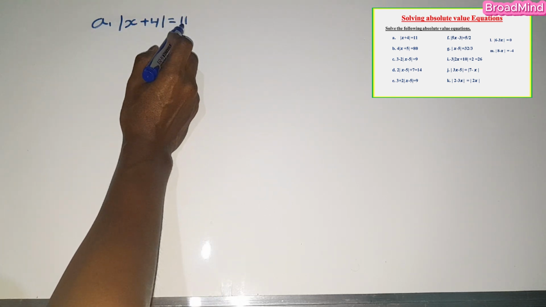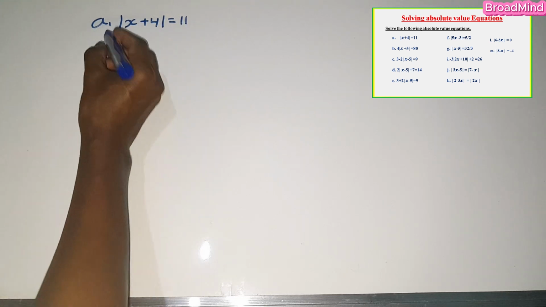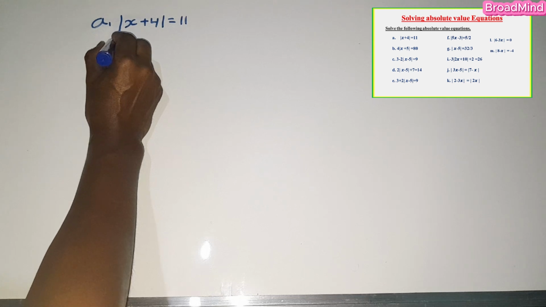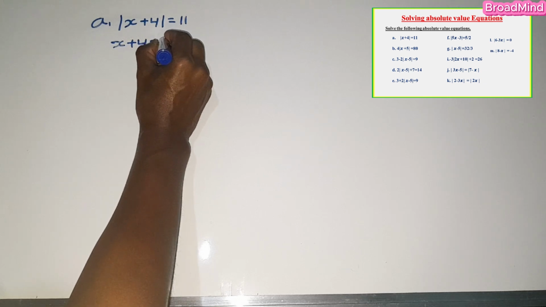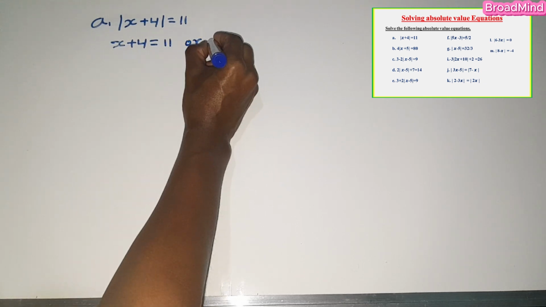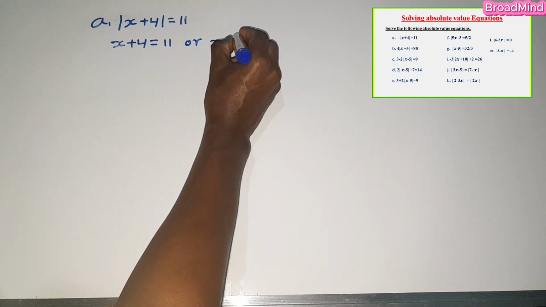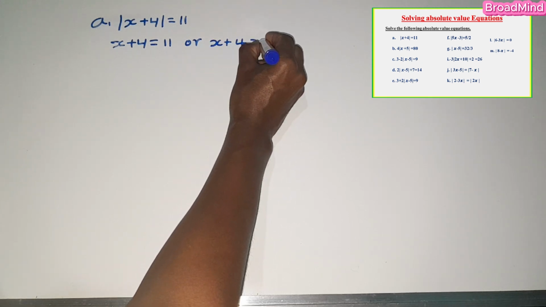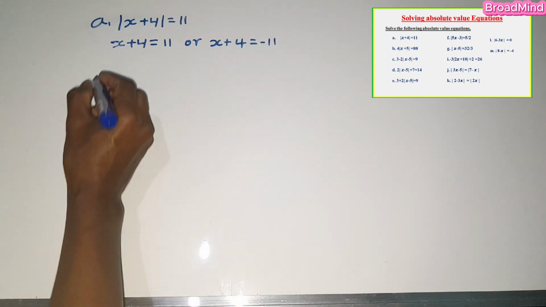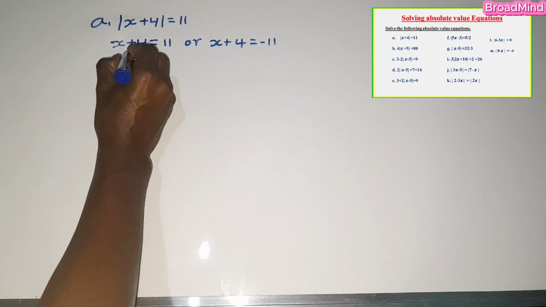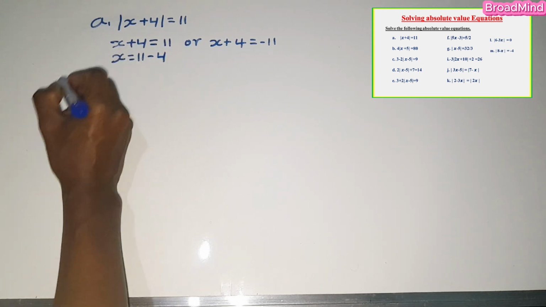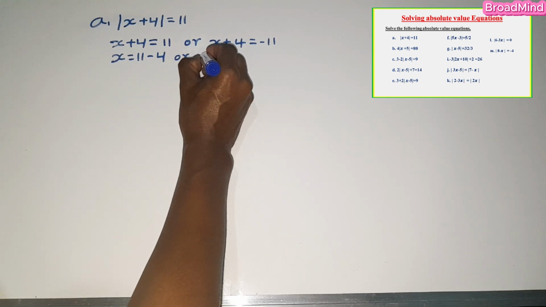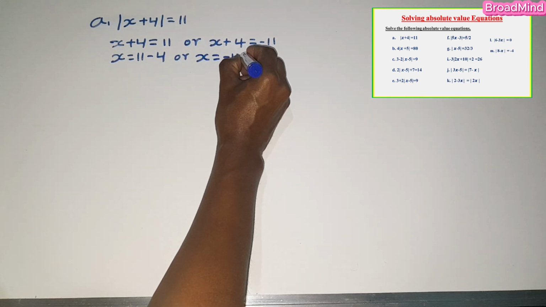So consider this as, as we discussed above, the value may be positive or negative. Then x plus 4 is equal to 11, or x plus 4 is equal to negative 11. Then x is equal to 11 minus 4, because here is plus, or x is equal to negative 11 minus 4.